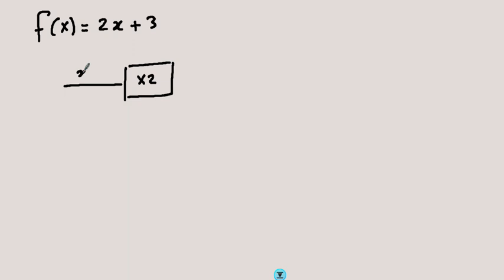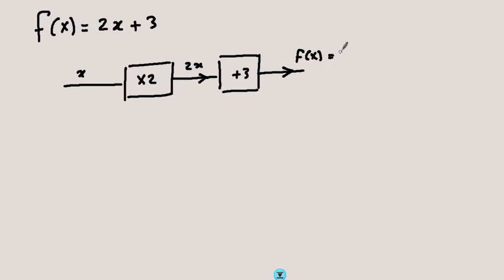So when x comes in, it's multiplied by 2, and we get 2x coming out of this box. And the next piece of instruction is add 3. So your output, which is f of x, is equal to 2x plus 3.